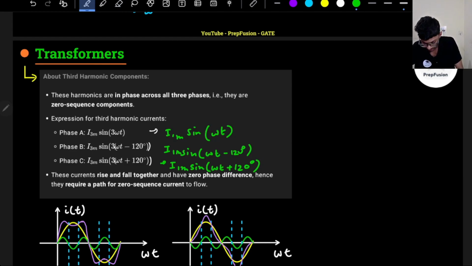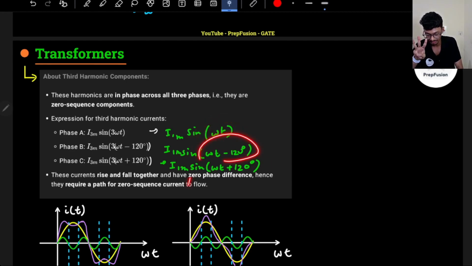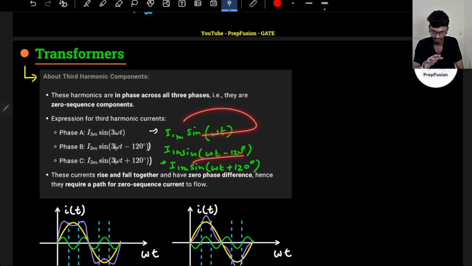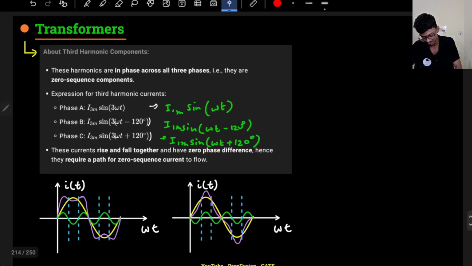Now what can I say about the third harmonics? Third harmonics will be just 3 times multiplied by this, whatever the value is inside, because it is just thrice the frequency.